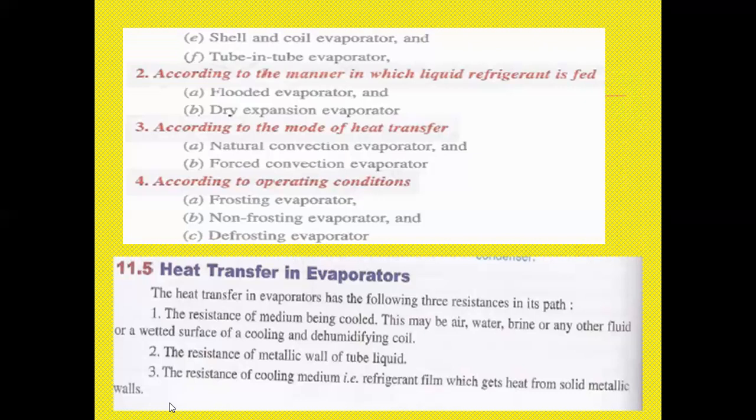Third, according to the mode of heat transfer: first is the natural convection evaporator, and second is the forced convection evaporator.